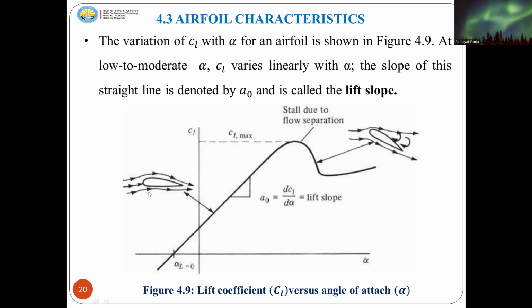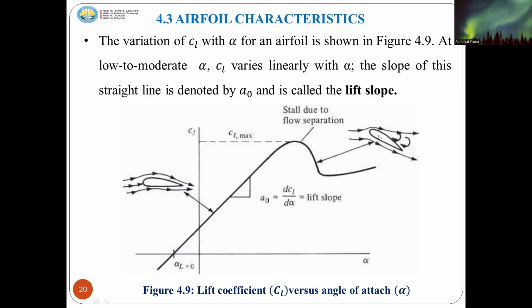So it is characterized by an appropriate smooth flow, and the lift slope is given by a naught, which is equal to change in CL over change in alpha. So dCL over d alpha is the aerofoil lift slope, which is linear and works only in the linear region. But once it reaches CL max, the behavior immediately changes.